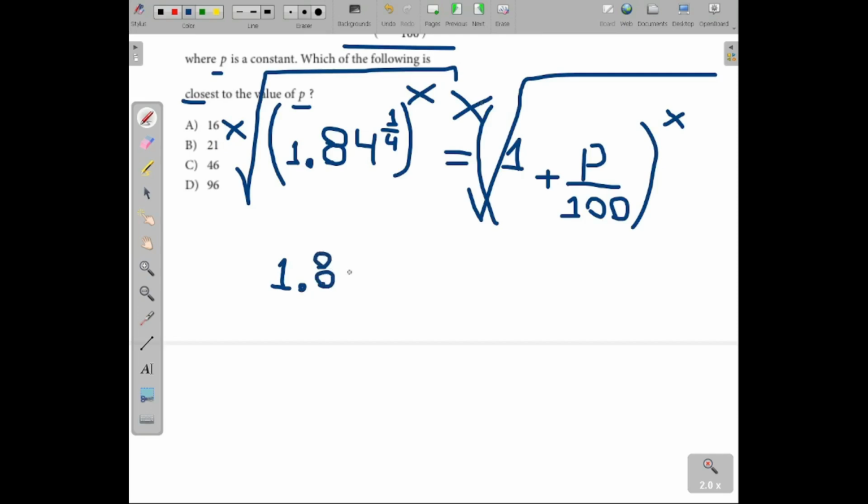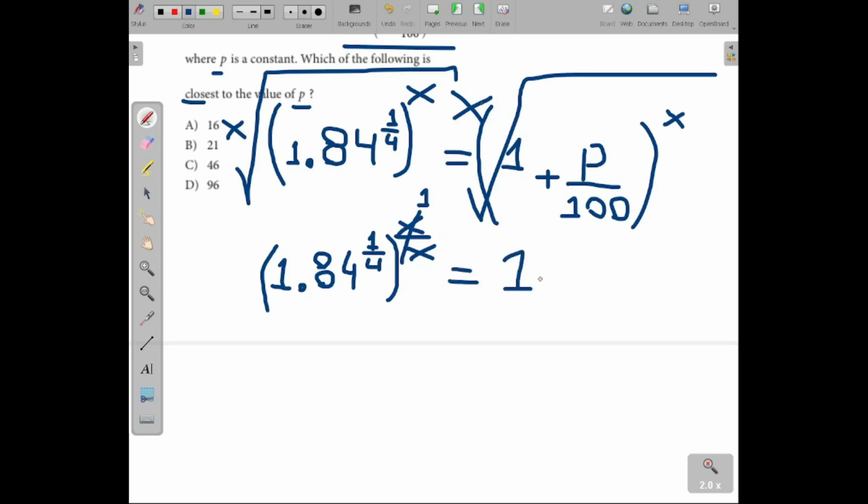It will look like this: 1.84 to the power of 1 divided by 4, to the power of x divided by x, and this is equal to 1. And 1.84 to the power of 1 divided by 4 will be the same.